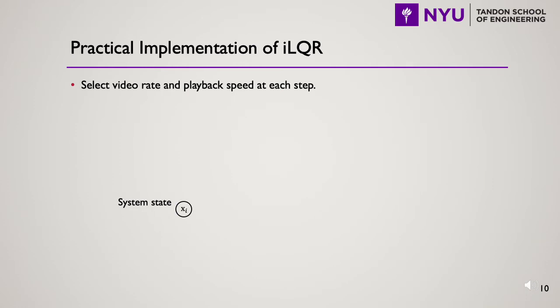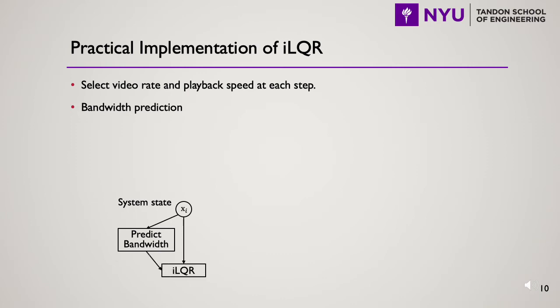More specifically, to conduct video rate and playback speed adaptation, given a system state, we first of all predict future network bandwidth and solve the control problem using LQR. The solution we get is a control sequence for several future steps.